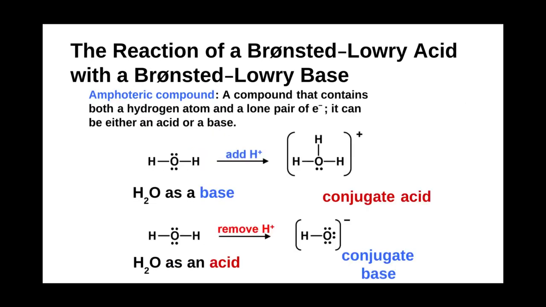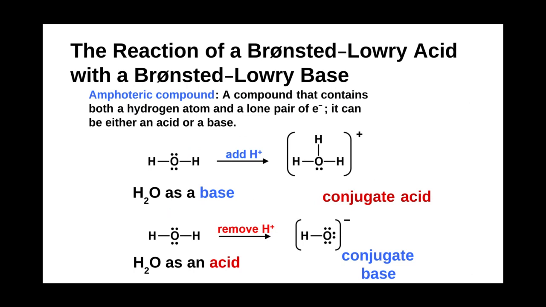Now, there are special classifications under our Bronsted-Lowry acid-base system. We have what we call an amphoteric compound. Don't try to say that fast. This is simply a compound that contains both a hydrogen atom and a lone pair of electrons. Thus, it can either act as an acid or a base.